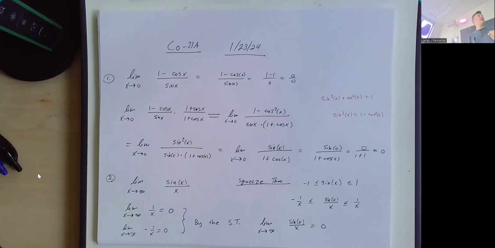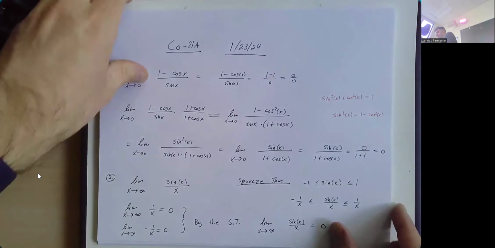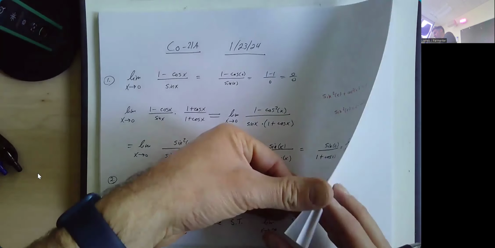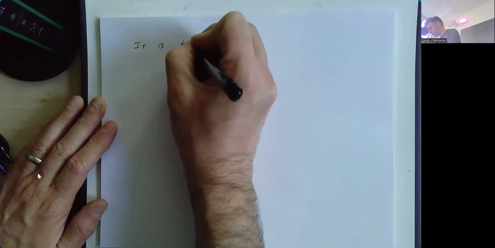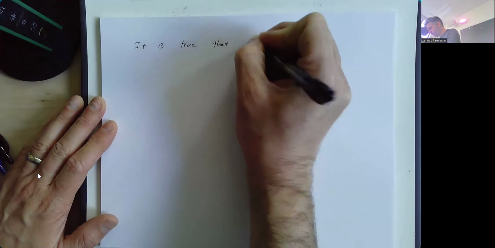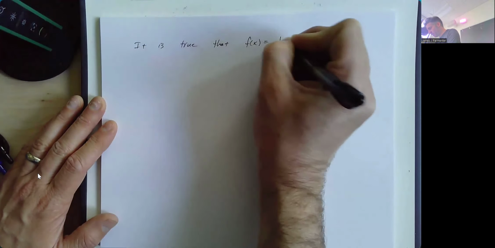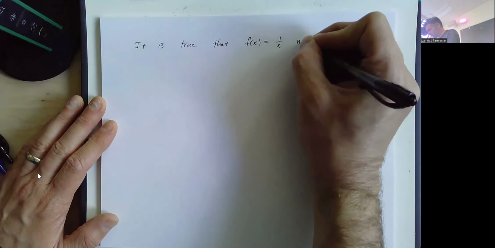Are they technically not equal to 0, like 1 over x? Right. So here's some important notation stuff. A good question. Glad you asked that. So it is true that f of x equal to 1 over x never is equal to 0.